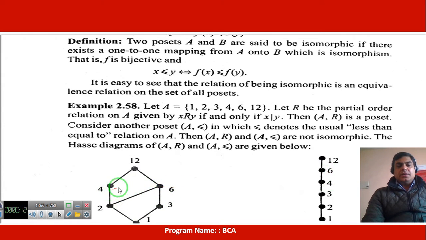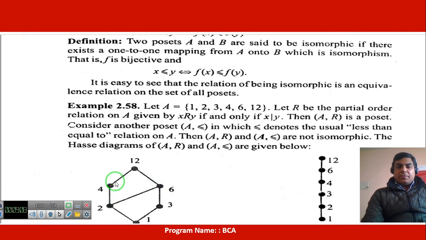In this set we have to connect these two elements in the divisibility relation, but 4 cannot be divided to 6, 6 cannot be divided to 4, because they are in a horizontal. According to the Hasse diagram definition, I have already explained, there should be no horizontal line, so they don't have any comparison between them, so they are non-comparable according to the Hasse diagram definition.